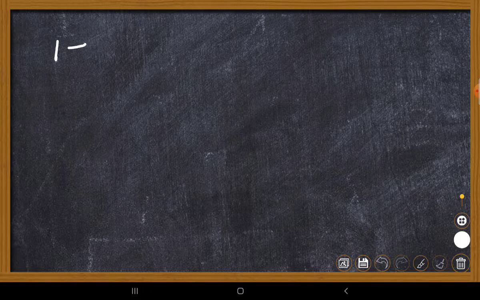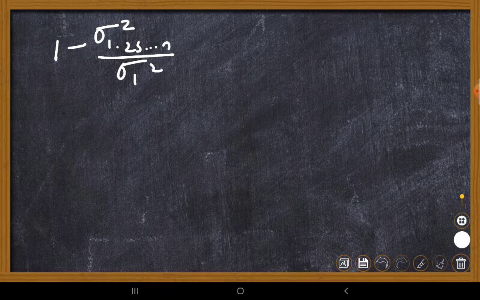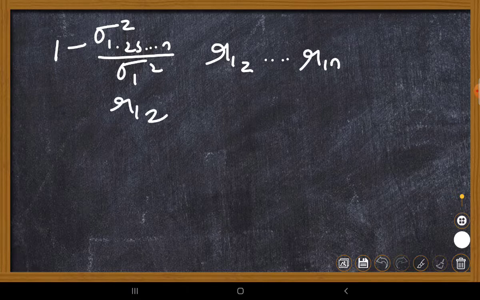The first entry here will be 1 minus sigma 1.23...n square divided by sigma 1 square. Then the next entries will be r12 up till r1n. Then here r12, 1, up till r2n, and so on.